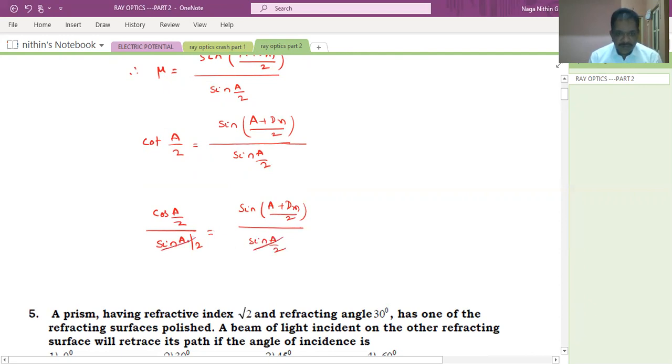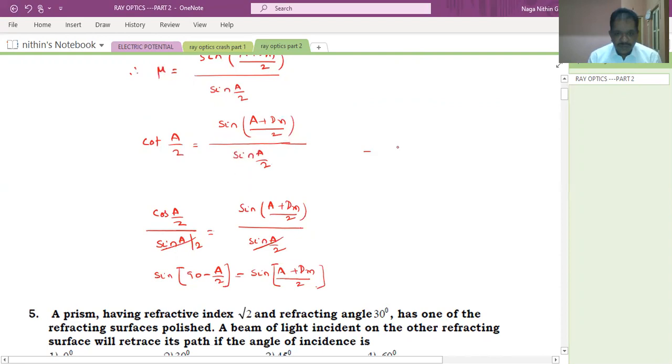Sine A by 2 on both sides will cancel. This cos A by 2, you write it as sine of 90 minus A by 2, is equal to sine of A plus dm by 2. Both sides, sine we can remove.